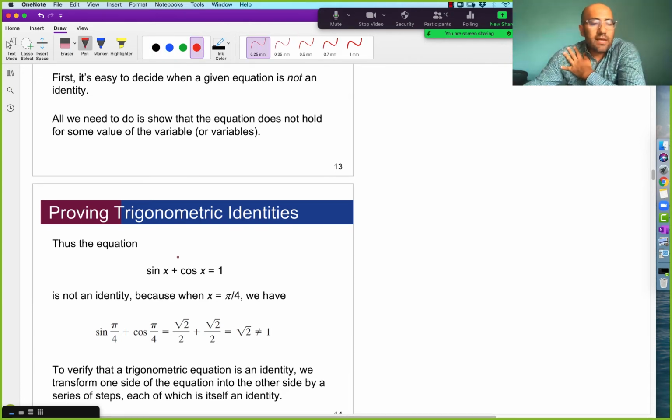So for example, at 0 degrees, sine of 0 degrees is 0, cosine of 0 degrees is 1. So it's true when x equals 0, right? Sine of 0 plus cosine of 0 degrees.